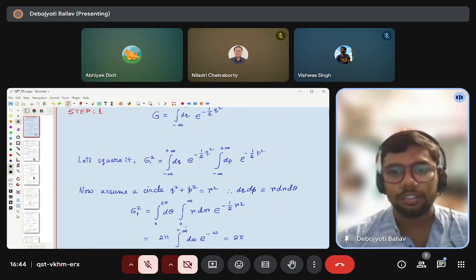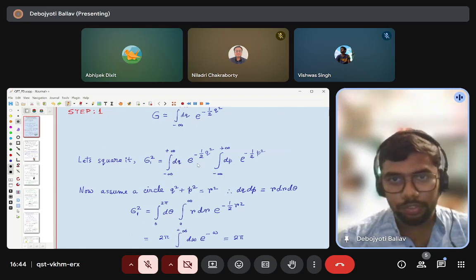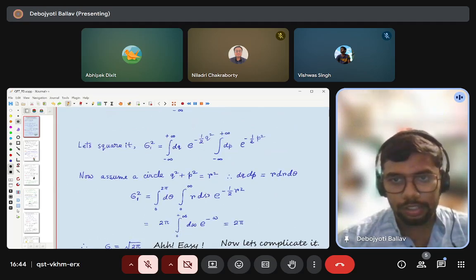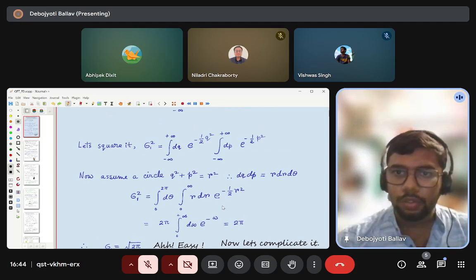So you can integrate over r, which goes from 0 to infinity now, and over theta, which goes from 0 to 2 pi. As simple as that. And your Gaussian function is now a function of r only, which is exponential of minus 1/2 r square.